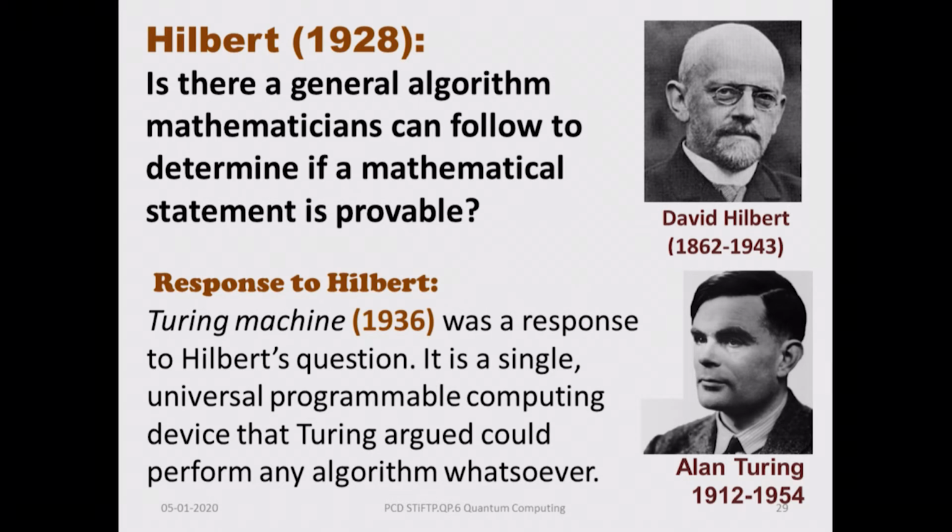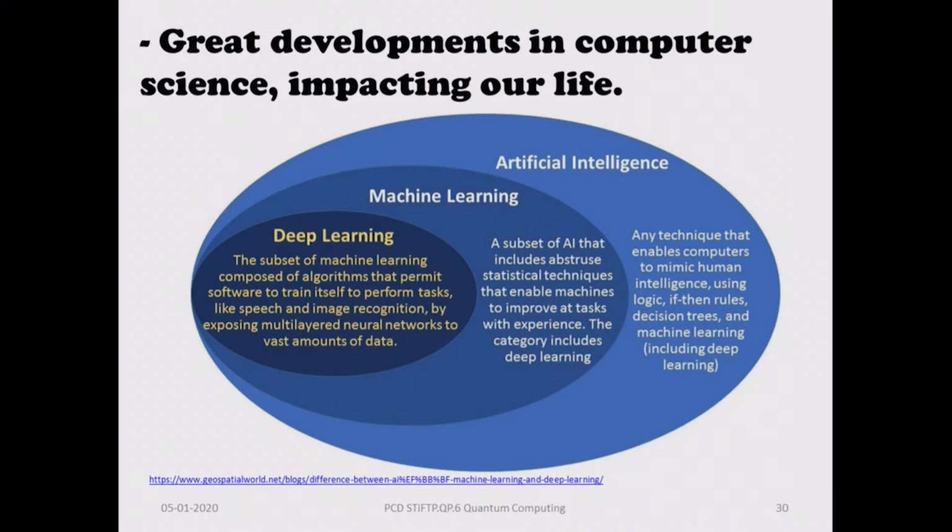So, it was in response to David Hilbert's concern, and then of course, it has led to technology and very important frontier fields such as artificial intelligence, machine learning, which is a subset of that, and deep learning, which is a further subset of that. And these are the things that many of you would be using in your lifetime.